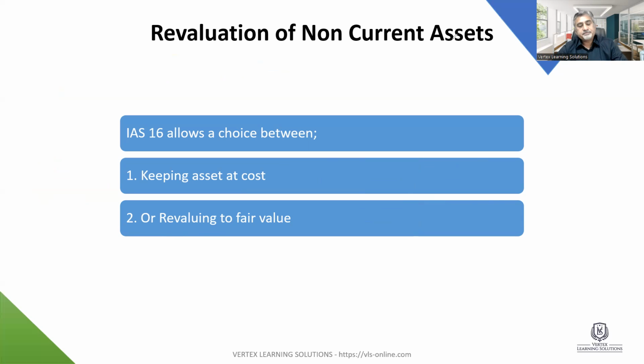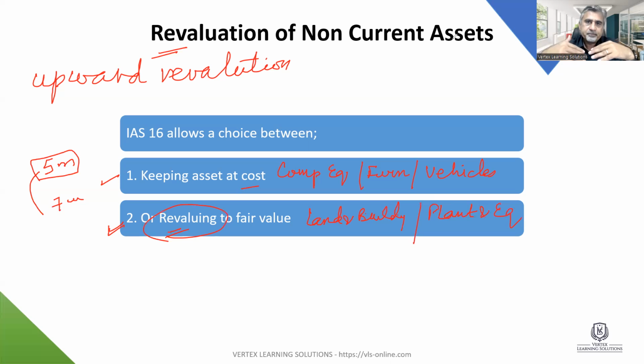And like I said, you can choose both of them. Some of my assets I will use cost model, and some of my assets I will use revaluation model. But again, the principle of class will apply. If I say that land and buildings will be on revaluation model, then all land and buildings will be on revaluation. If I do revaluation of one building, I need to do revaluation of other buildings as well.